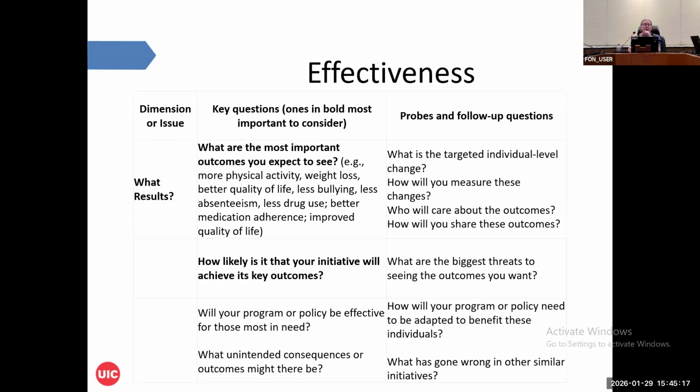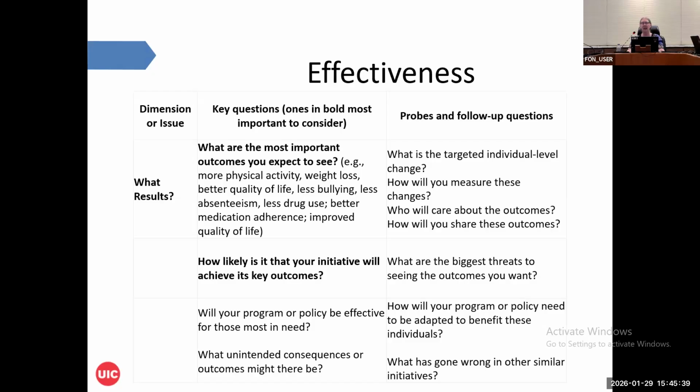For example, more physical activity, weight loss, better quality of life, less drug use, improved quality of life. And then the probes and the follow-up questions here is, what is the targeted individual level change?